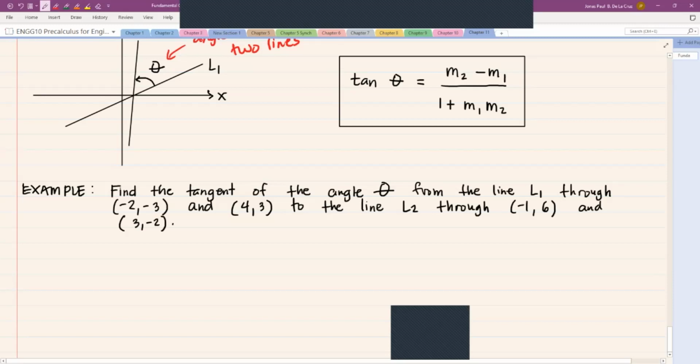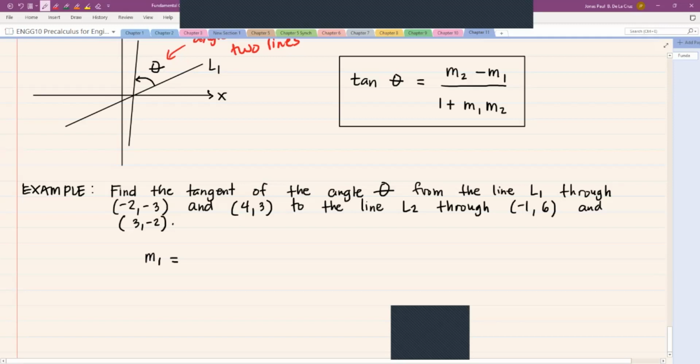So this is basically direct substitution in our formula, but first we need to solve the slopes of line 1 and line 2. For m1, the slope of line 1, given two points, we can use y2 minus y1 over x2 minus x1.